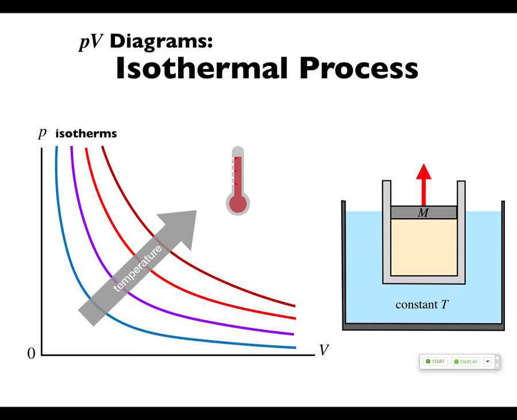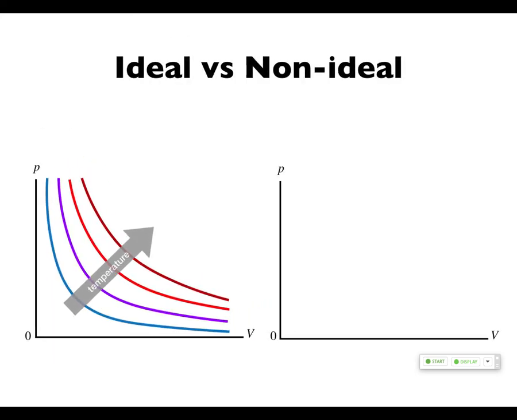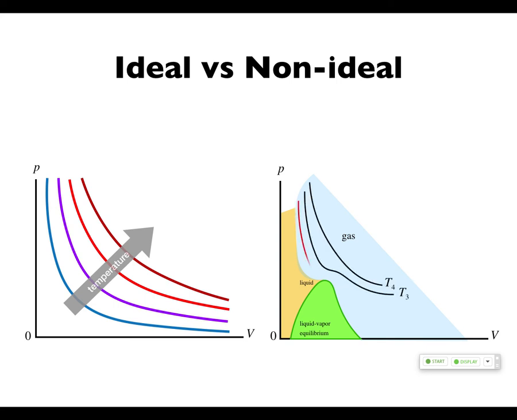All right. This is for an ideal gas. Just for some comparison, this is for a non-ideal gas, because remember, it doesn't stay a gas. So here's where it's a liquid, here's where it's liquid and vapor, here's where it's gas, and this is what your curves look like. They're all messed up. Yes, they depend on the state.